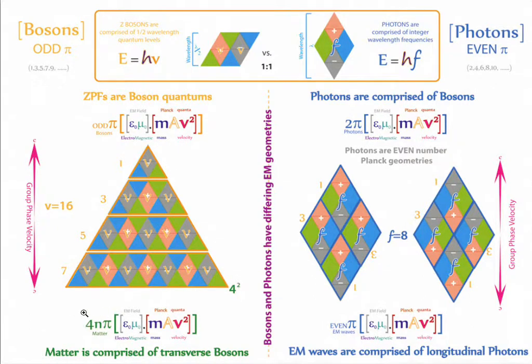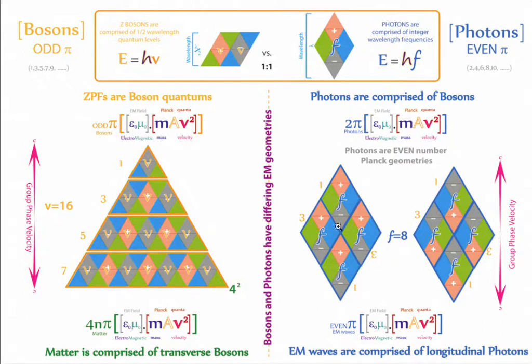If these 4n pi two-dimensional fields interact via their weak force and form a three-dimensional matter geometry, it will in fact form a tetrahedral geometry instead of a planar Euclidean geometry, and it will then be a matter quantum as opposed to a mass energy field.